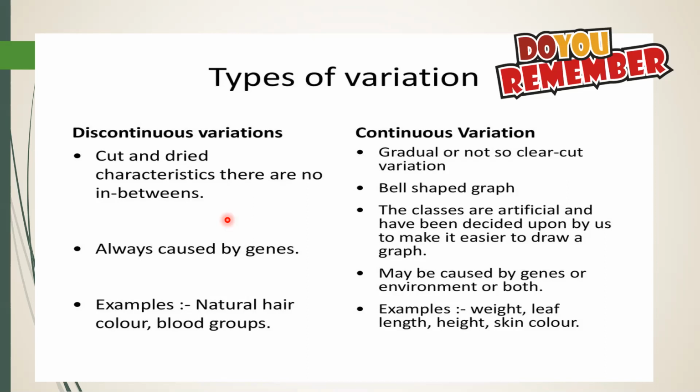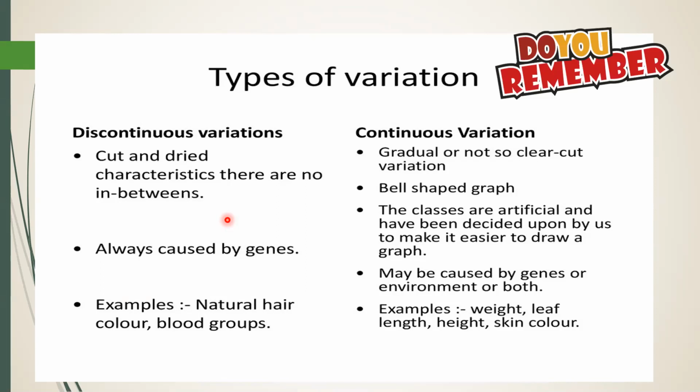But in continuous variation, a gradual or not so clear-cut variation, it is varying from person to person. That is what is called continuous variation. The example is the bell-shaped graph. The bell-shaped graph will give you an idea about continuous variation.